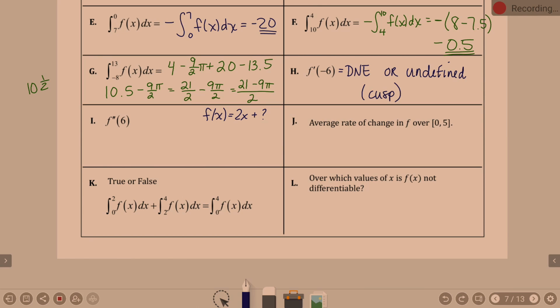This is a negative slope. So then the first derivative is -2. And so what does that make the second derivative? 0. That makes it 0. And of course, those are all happening at 6.